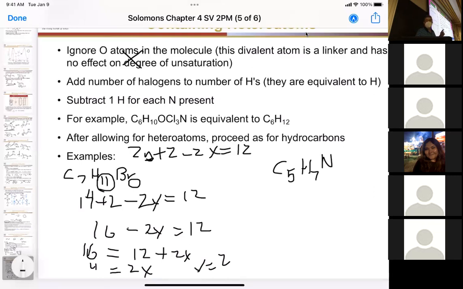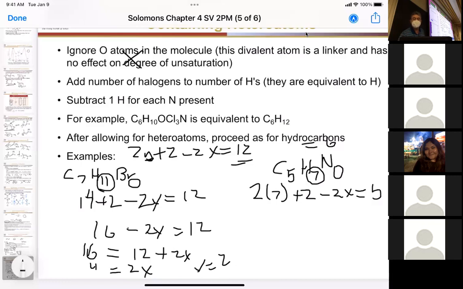Okay? So now let's do the nitrogen. We're going to figure out what this number is here. Okay, so we had 7 hydrogens here. We have 1 nitrogen here, but we have to subtract it, which means the number at the end of our equation is now 6. So let's do that calculation again. 2n, so 2 times 7, plus 2 minus 2x is equal to 7 minus 1 for the nitrogen, 6.